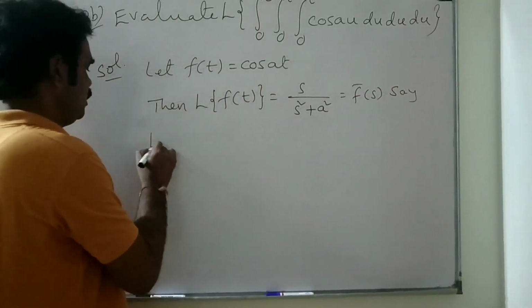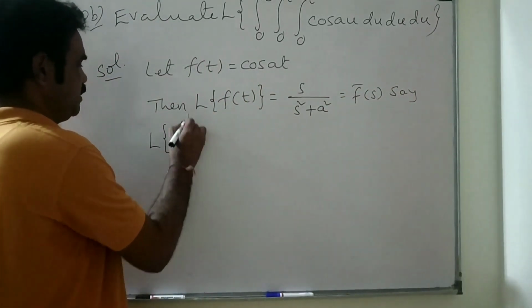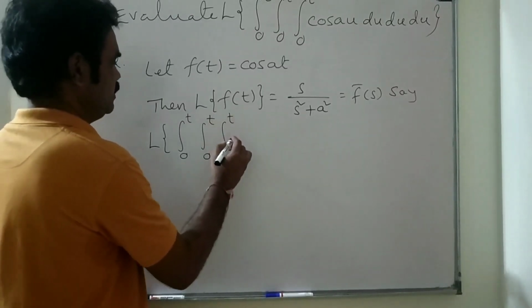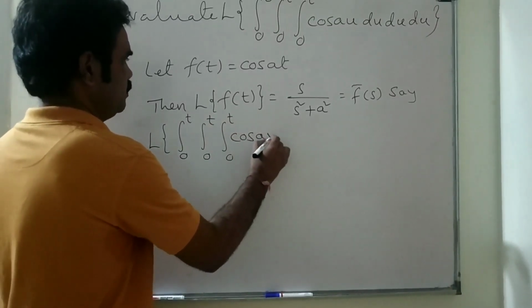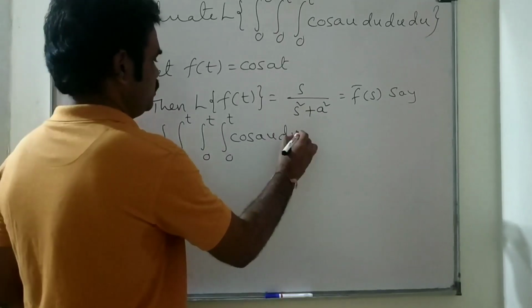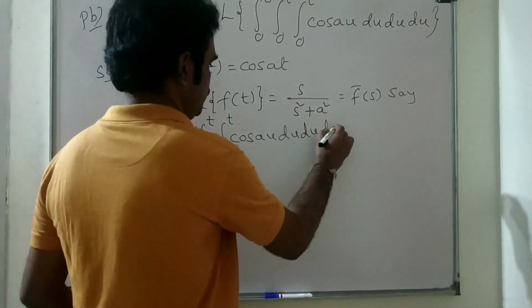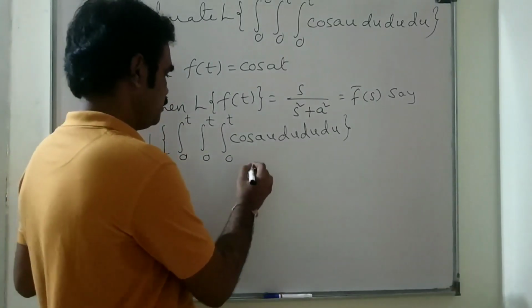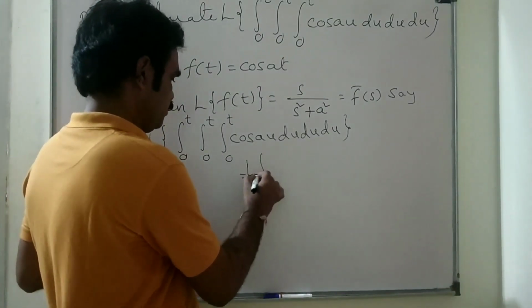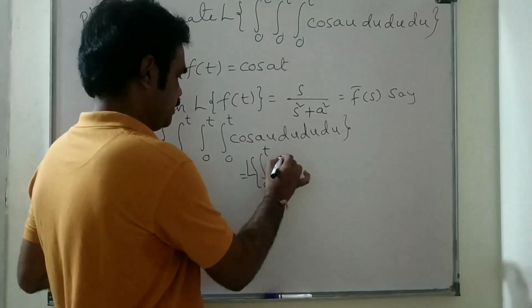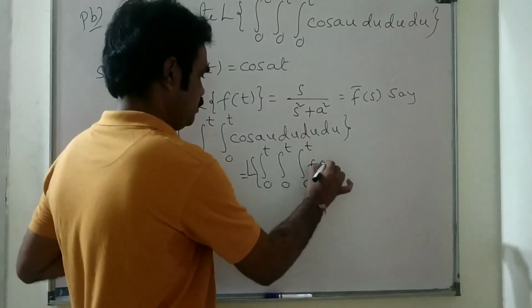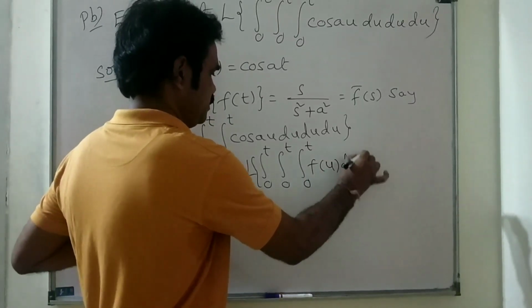So now L of integral 0 to t cos au du. 3 times integration here. This is in the form L of integral 0 to t f of u du.